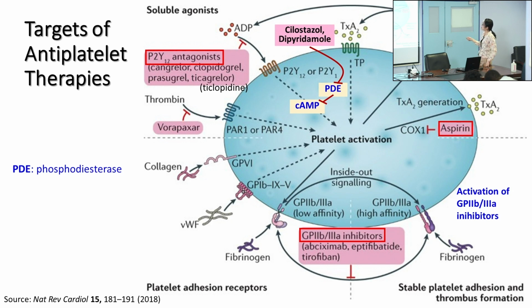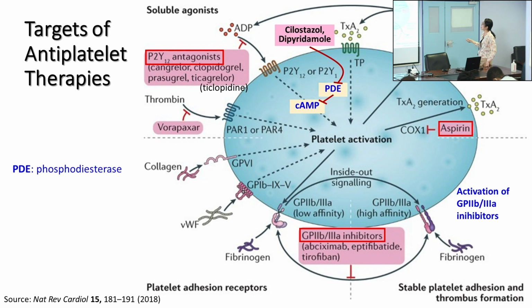And aside from that, we have mentioned ADP. There's another class of antiplatelet therapy, the P2Y12 antagonists. They include things such as clopidogrel, prasugrel, or ticagrelor. They are P2Y12 receptor antagonists.